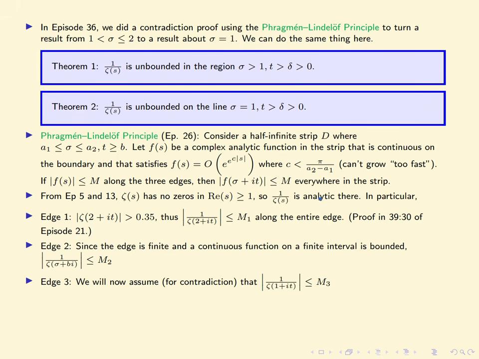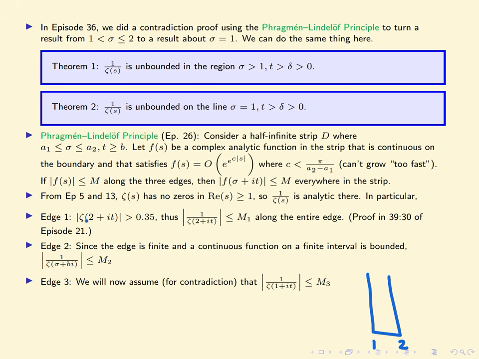Okay, so if you believe me there, then we're going to analyze the size of this thing along the three edges of this strip. In particular, take edge 1 as the right edge, so zeta of 2 plus it. We're looking at something that looks like this, and I'm looking at the right edge. So this is 2, 1, and then some number here.